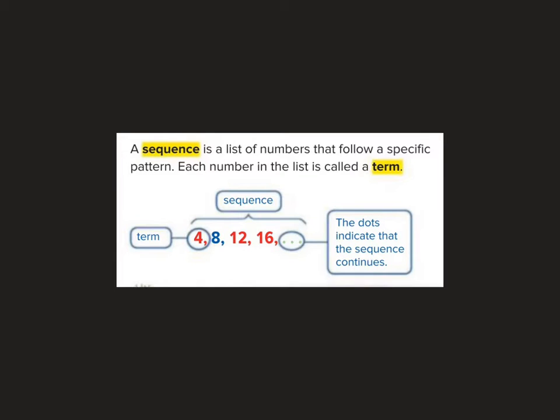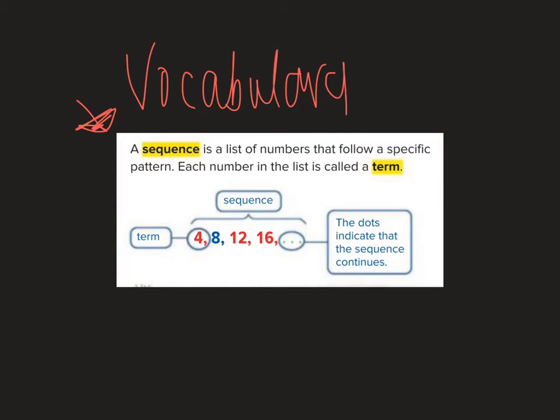All right, so here are some vocabulary words for you to write in. A sequence is a list of numbers that follow a specific pattern. Here's the example right here. This is the sequence: 4, 8, 12, 16, and then the dots indicate that the sequence continues.